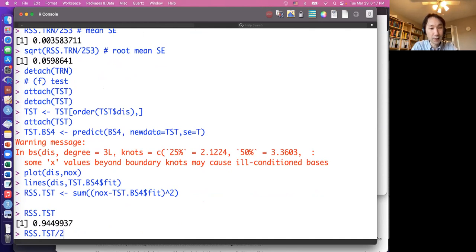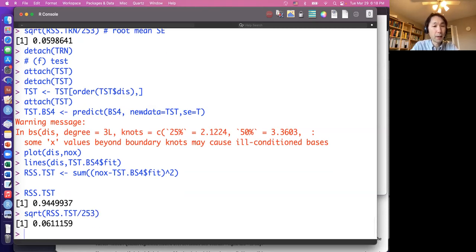But here, I just use the simple number of observations. Then here 0.0611. So the error size is slightly larger, maybe 2% larger than the training set, but that is natural. And this is actually the real prediction performance. Do you have any questions?